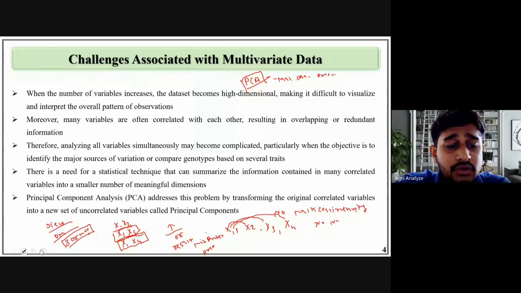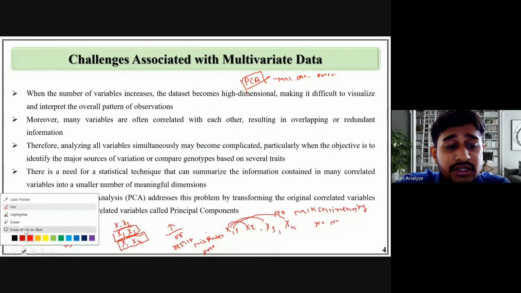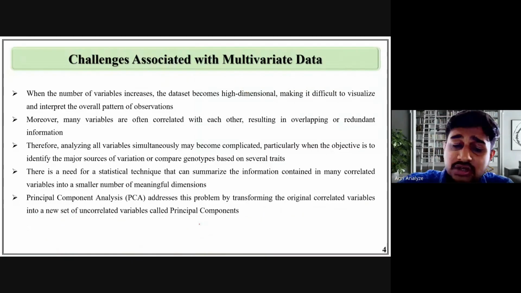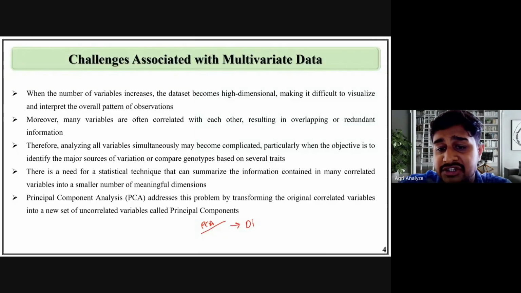So here we require one statistical test which is used for multivariate data. So this is the PCA technique, which is also known as dimensional reduction technique. How?